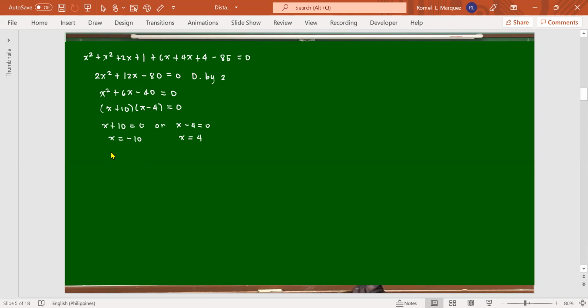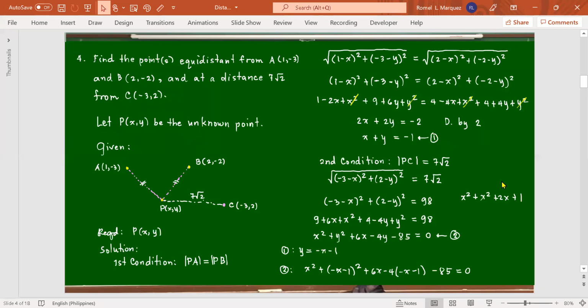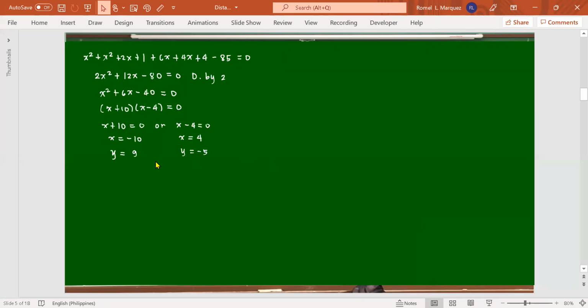If x is negative 10, what is y? The sum is supposed to be negative 1, right? So positive 9. What about here? Negative 5. Am I correct, guys? Yes, sir. The sum is supposed to be negative 1, no? Okay? So corresponding here, we have our first possible point, negative 10, 9.